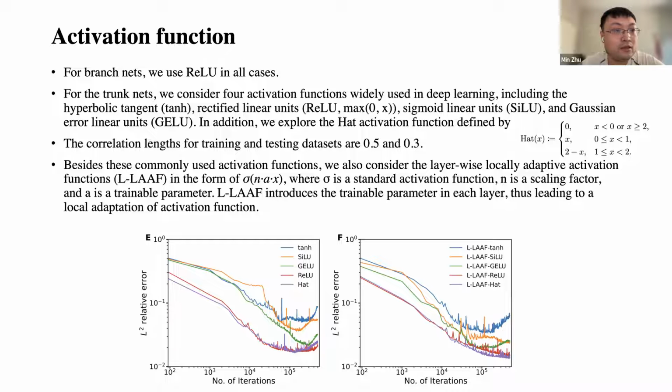Besides the commonly used activation functions, we also consider the layer-wise locally adaptive activation functions, called LAAF, in the form of sigma of n times A times x, where sigma is a standard activation function as above, n is a scaling factor, and A is a trainable parameter in each layer.